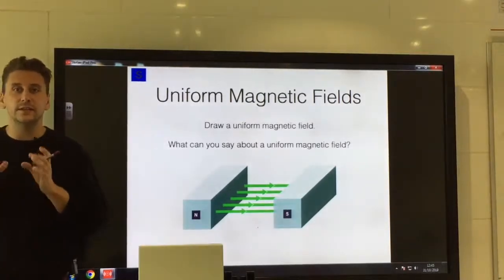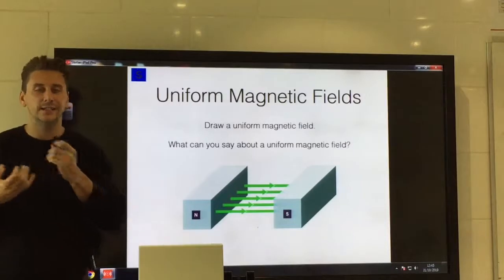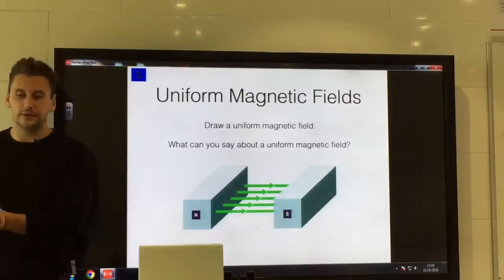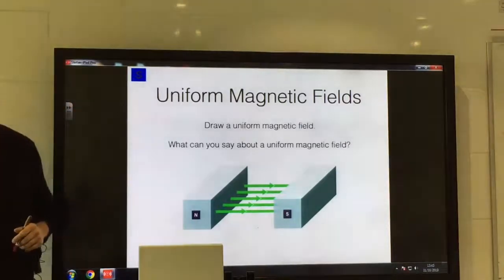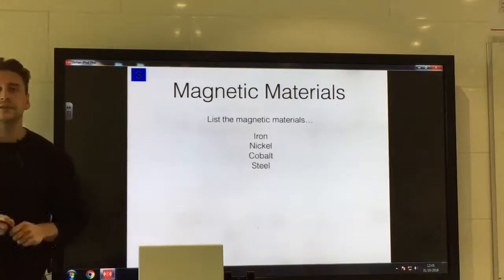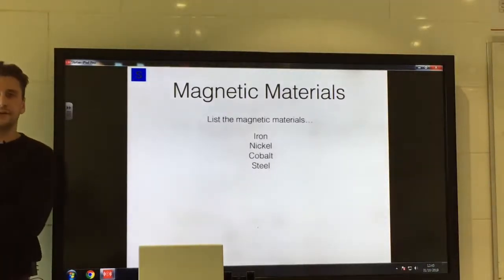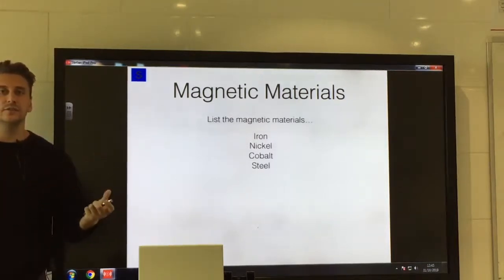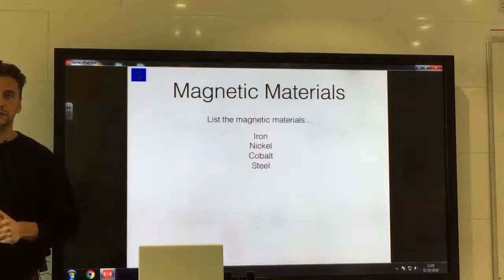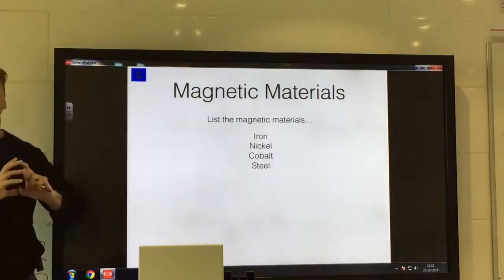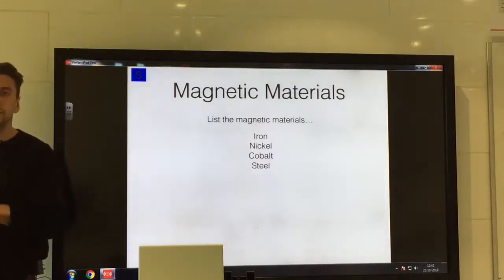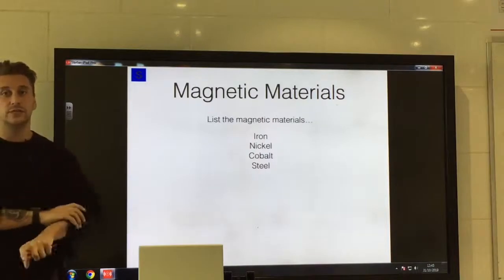All right, it's the same definition for uniform magnetic fields as it is for uniform electric and uniform gravitational as well. Okay. The magnetic materials then, so what objects are magnetic, or what objects can experience the magnetic force? Just like in gravity, anything with mass has a gravitational field and experiences the gravitational force. In electric fields, anything with charge has an electric field and will experience the electrostatic force.